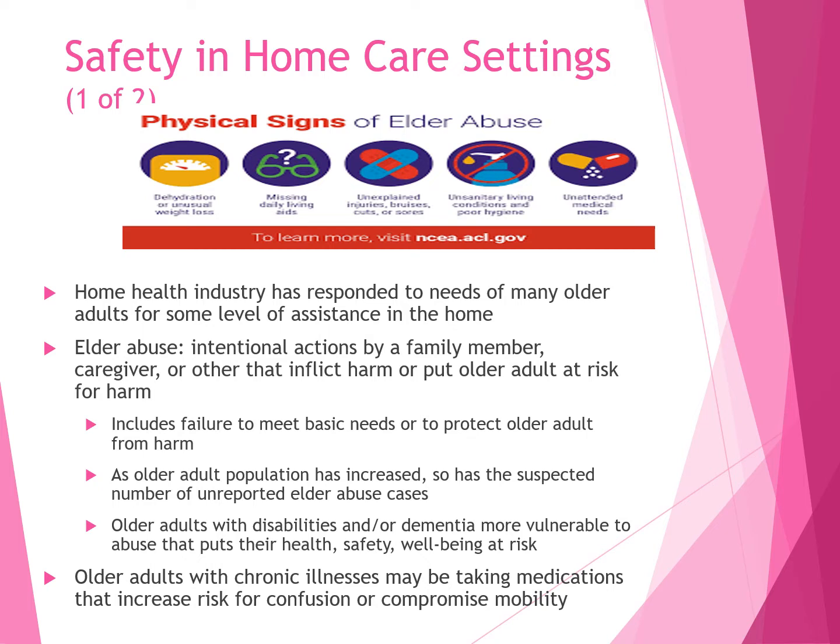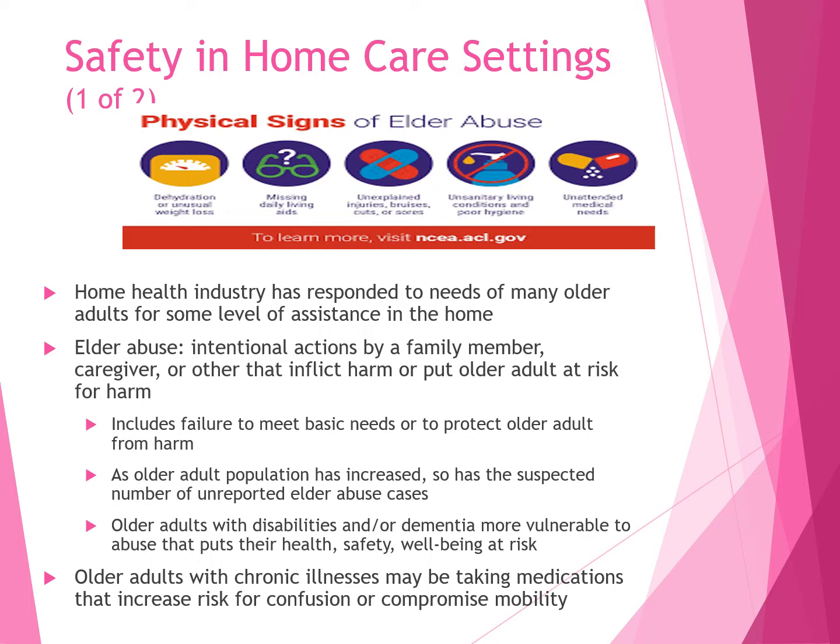Older adults with disabilities and or dementia are much more vulnerable to abuse because they can't express their needs appropriately. They can't tell you that someone's abusing them because they have alterations in their thought processes.